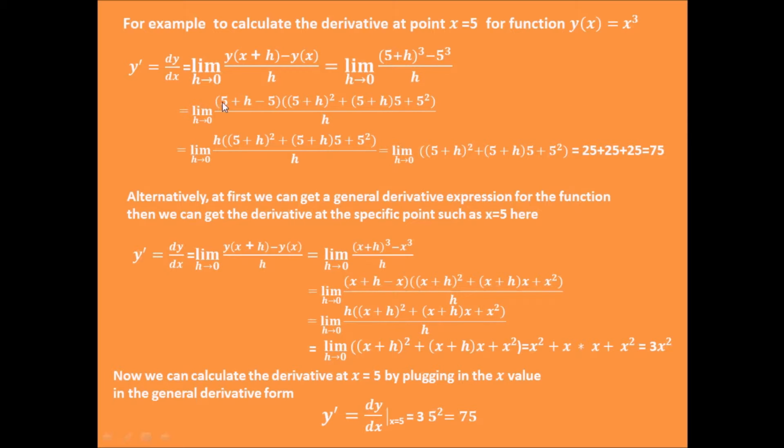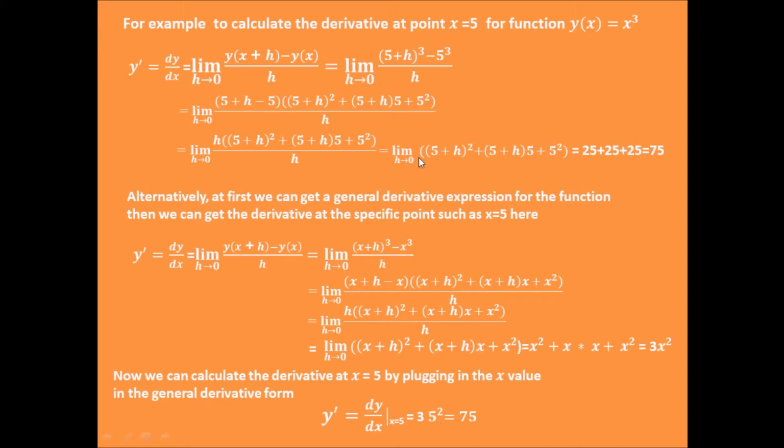So we get the numerator as (5 plus h minus 5) times ((5 plus h) squared plus (5 plus h) times 5 plus 5 squared). After some simplification, we get the limit of (5 plus h) squared plus (5 plus h) times 5 plus 5 squared, with h approaching 0.